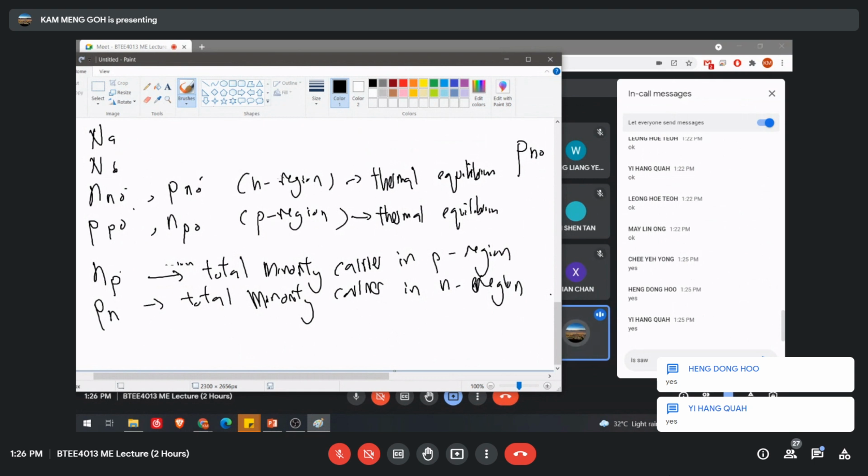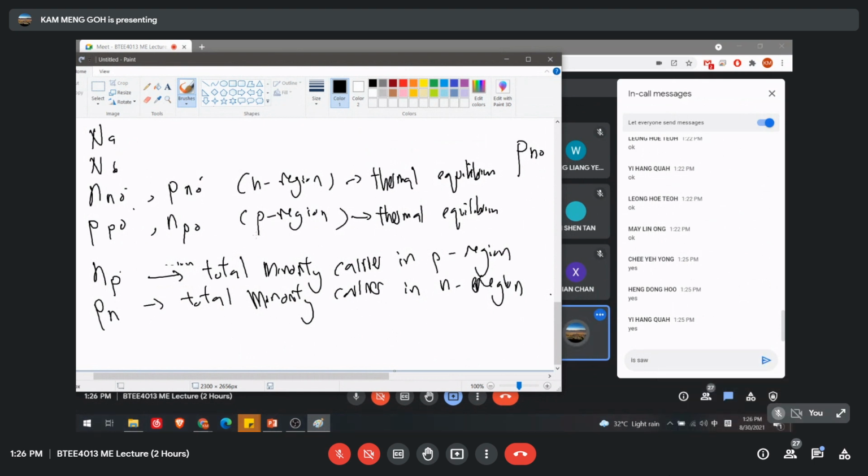So what you have to know is that PNO and NPO only apply in thermal equilibrium. But if it's not in thermal equilibrium, then you need to consider all the factors inside, so you will have the total minority. Okay, can you understand? Still can follow?